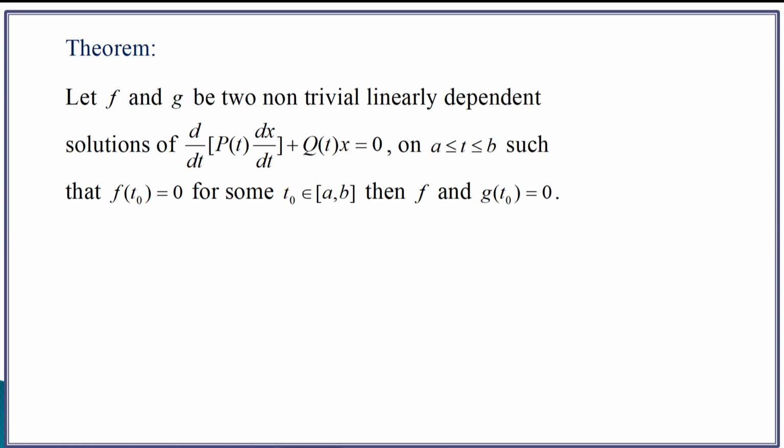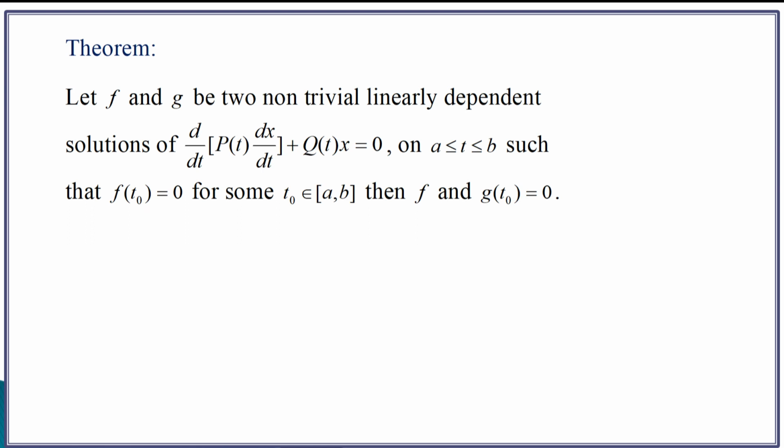Next, see another important theorem. Let f and g be two non-trivial linearly dependent solutions of this self-adjoint equation, such that f of t0 equals 0 for some t0. Then g of t0 becomes 0.